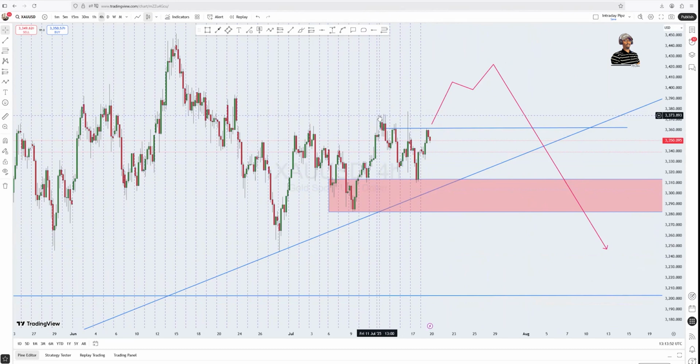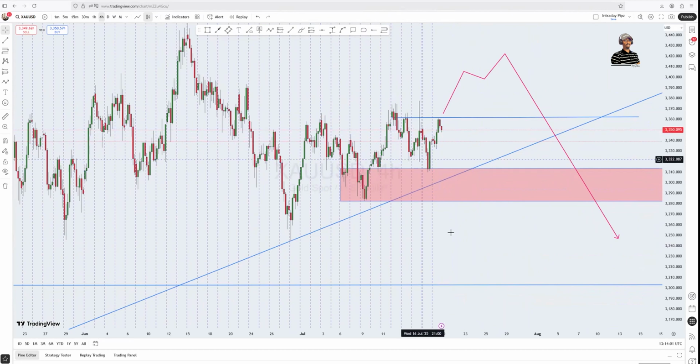So everyone that was having a buy stop right here has been swept out, and of course they were stopped out. So basically what I'm going to be looking out for is a buy above here towards the 23, which is the 3406 level, or a little bit of a push into this.